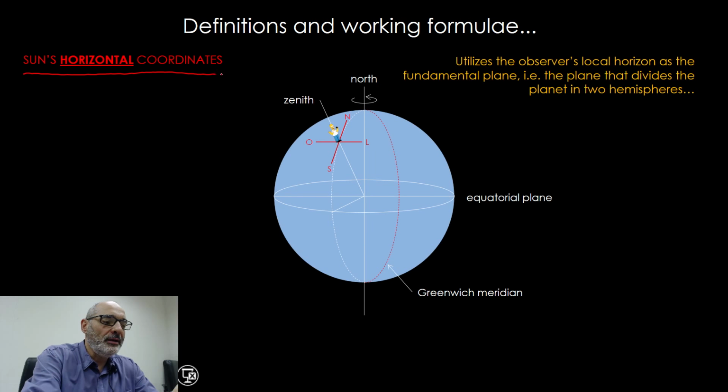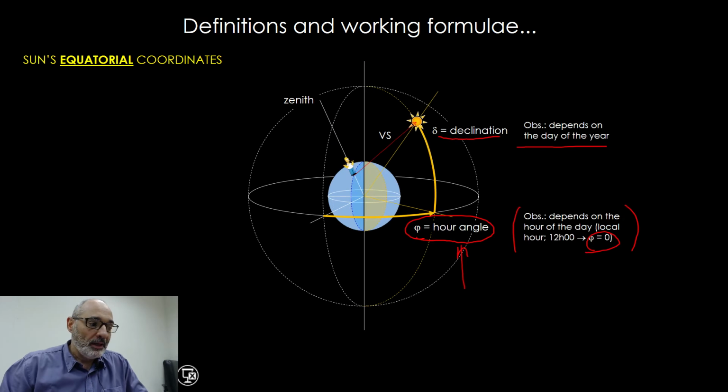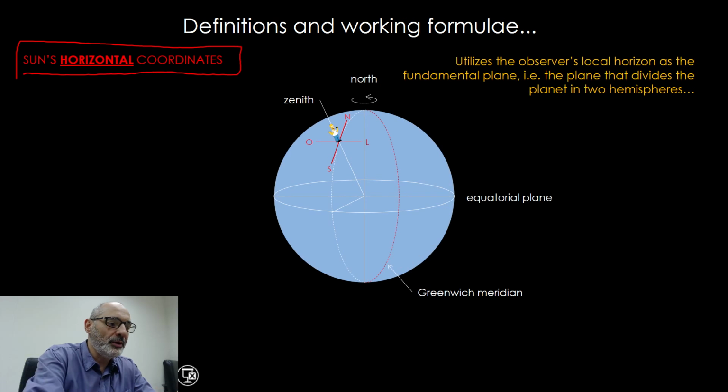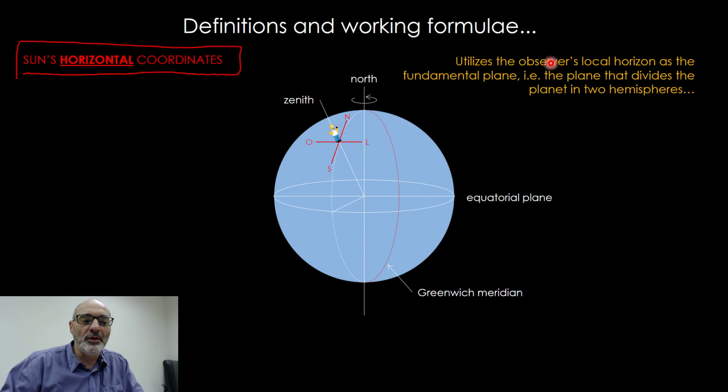Now I'm not talking anymore about equatorial coordinates. Now we're changing to horizontal coordinates, horizontal because it uses the observer's local horizon as the fundamental plane for the construction of these coordinates.